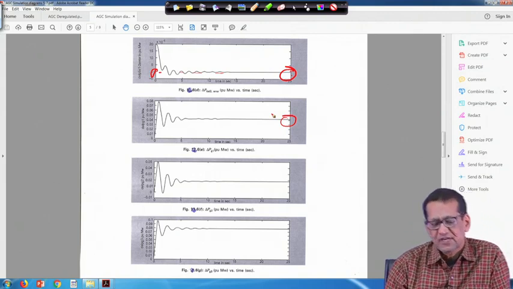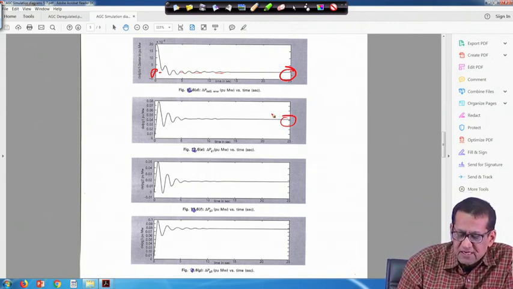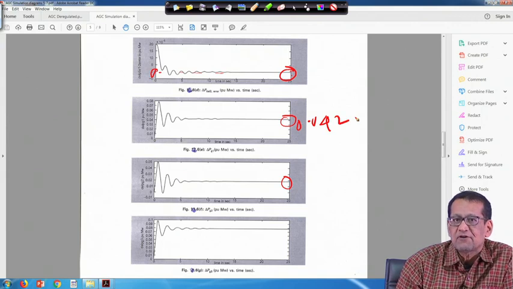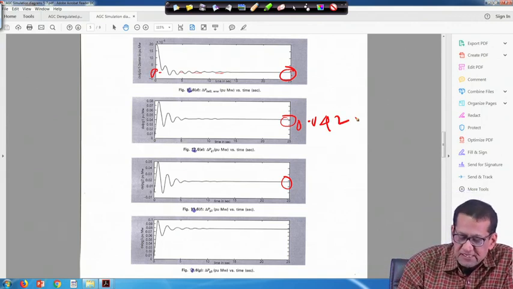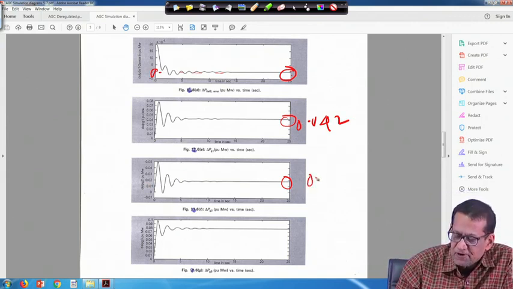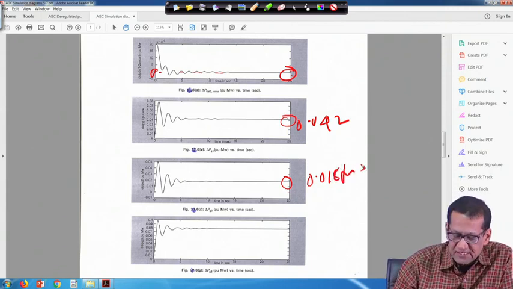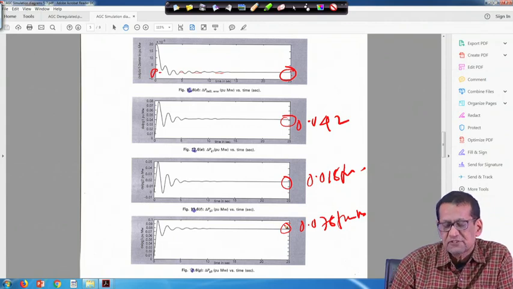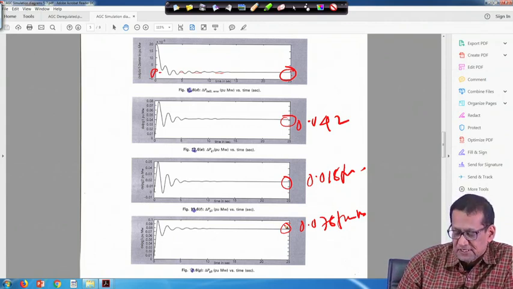Similarly, delta Pg2 is 0.018 per unit megawatt, and delta Pg3 at steady state is 0.078 per unit megawatt. Next I will come to delta Pg4 on the next page.